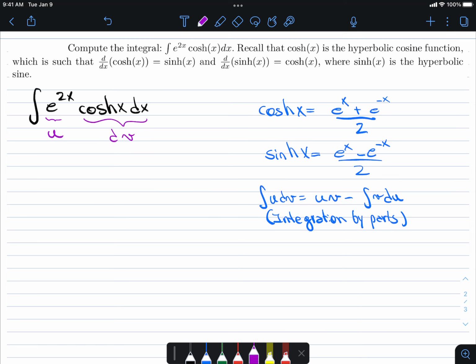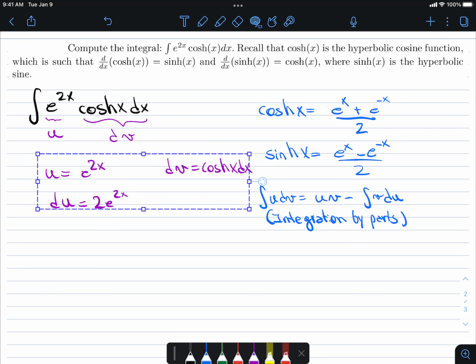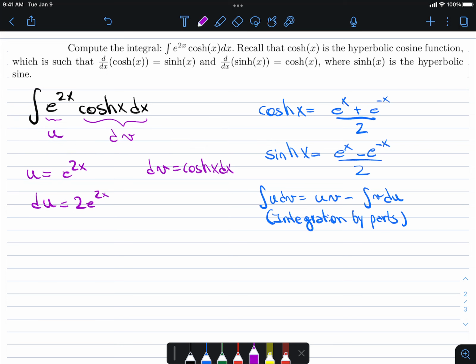So when u is e to the 2x, then du is 2e to the 2x. That's the chain rule. And when dv is cosh x dx, the antiderivative is just sinh, hyperbolic sine.